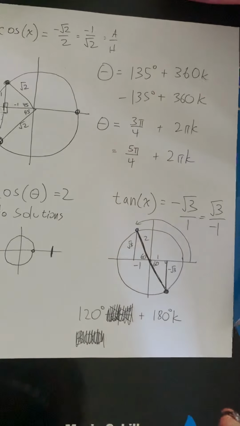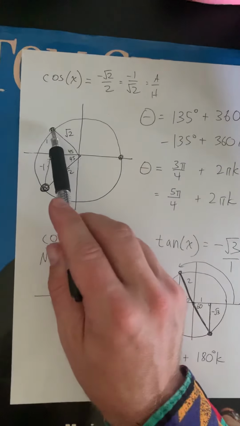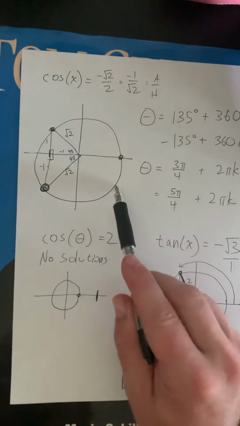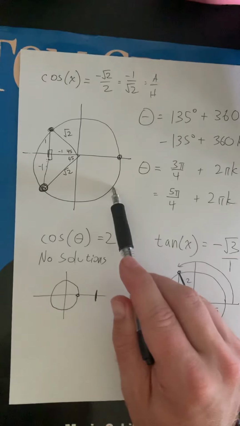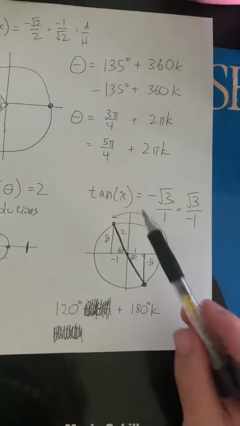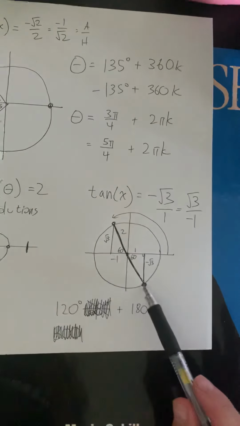For sine or cos, it doesn't work like this. Like going back to the first problem we did, if you went right here to 135 degrees and you rotate 180 degrees, you're over here. There's no triangle over here. But for tangent, it works out beautifully where the other triangle is always a half spin away.